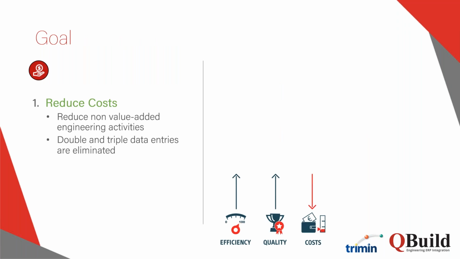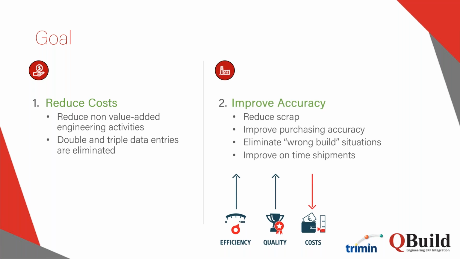So with that in mind, what are the goals or the benefits of CADLink? There are two really main benefits of CADLink. Number one, the reduction of cost. You're going to see a lot of reduction in cost by reducing those non-value added engineering activities, especially if you're having your engineers manually enter this data in right now. You're going to see a lot of reduction in cost and a lot of time savings on that aspect. And reduction in costs also due to more accurate data and less inaccurate data and data discrepancies, which can cause downstream confusion.